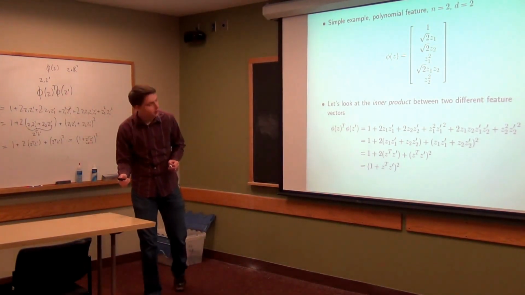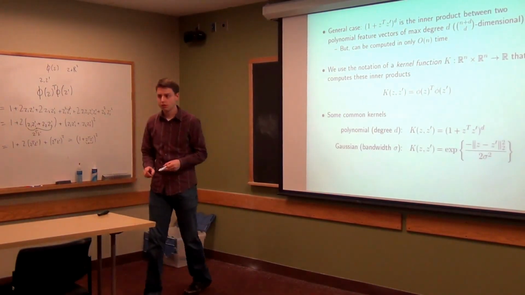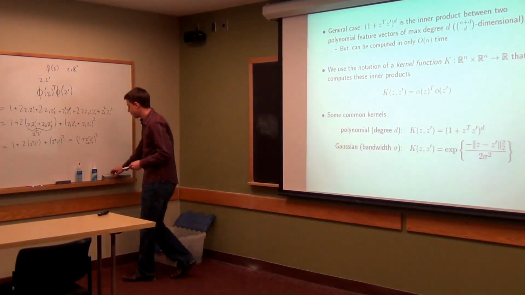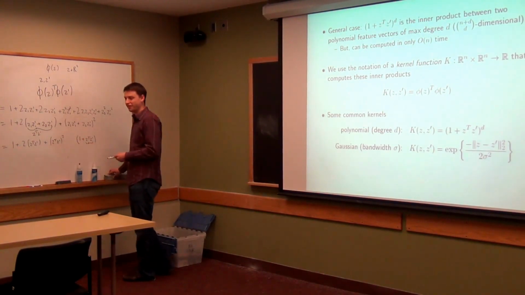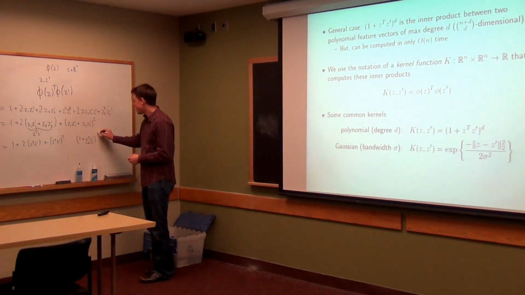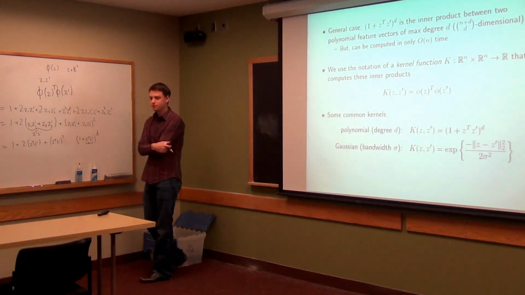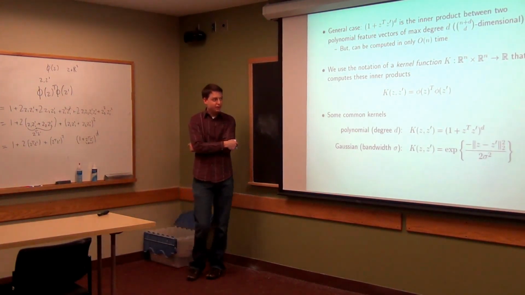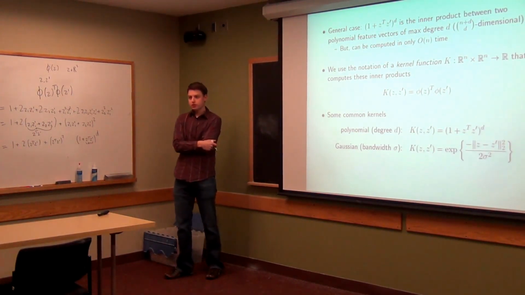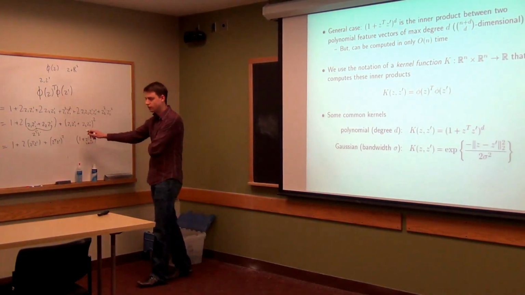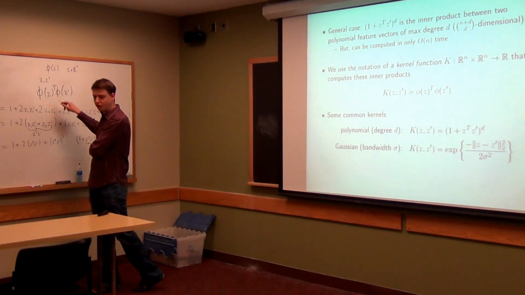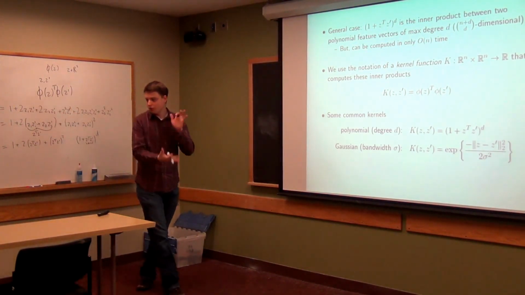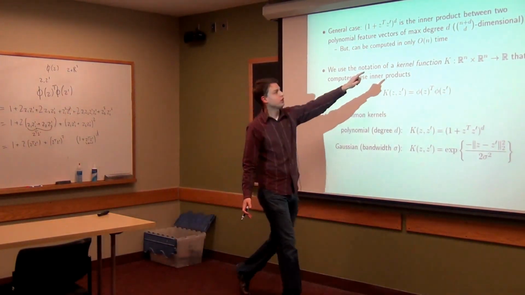But more generally, this term to the d is actually equal to the inner product of the big feature vectors, where these big feature vectors are the entire polynomial feature vector of degree d.